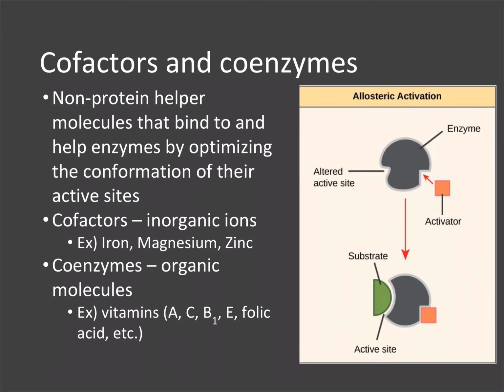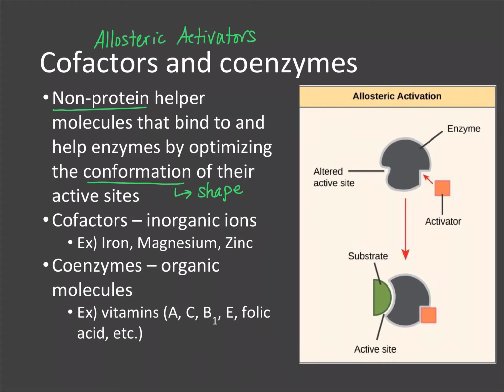So let's talk a little bit more about those cofactors and those coenzymes. And remember, these are the allosteric activators. These are molecules that are not proteins, but they help to bind to the enzyme and they optimize the conformation. Remember, that's the shape of the active site.